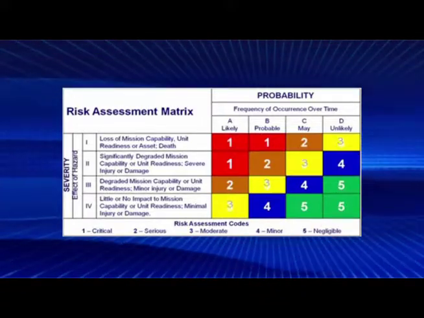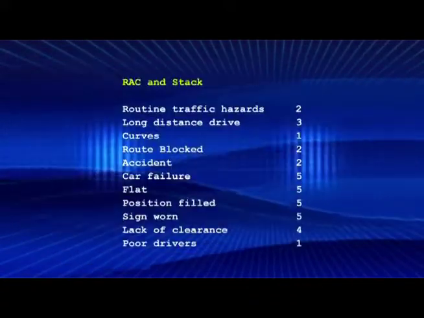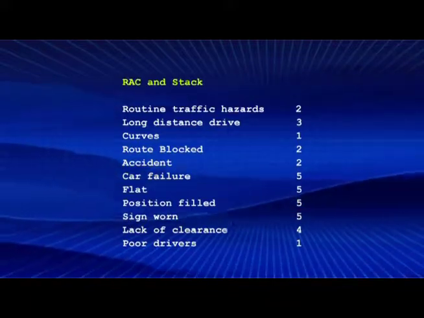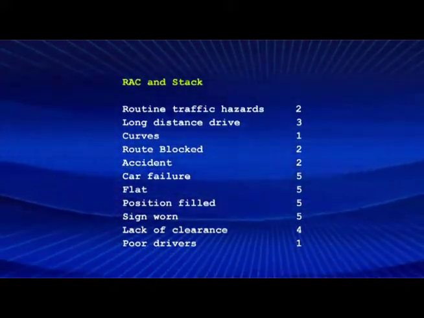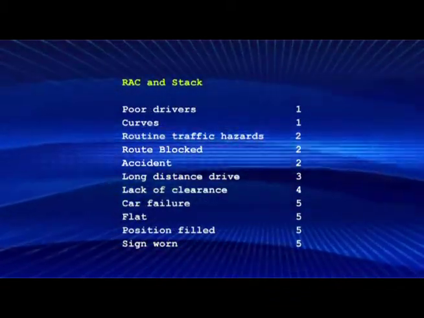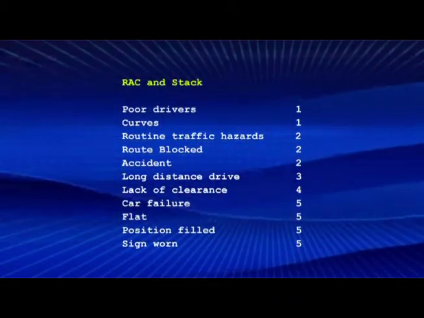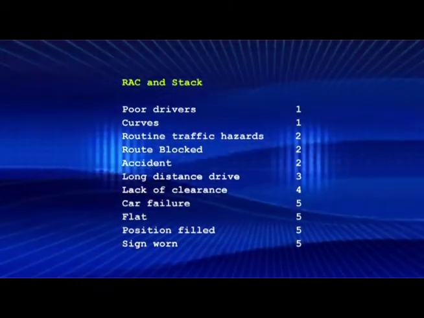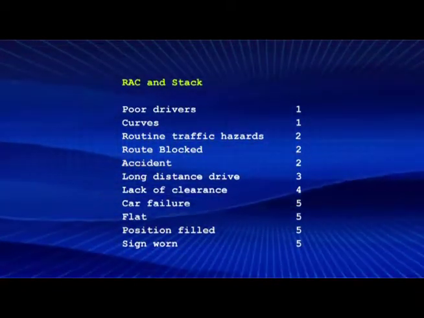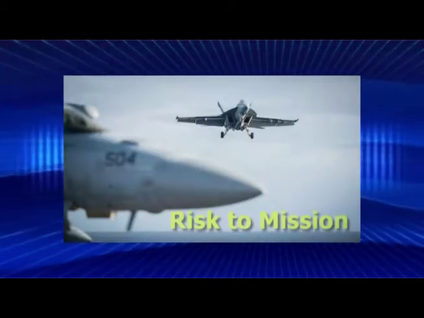The next thing we do is something we call rack and stack. The reason we do that is we list all the hazards in order from 1, 2, 3, 4, and 5 to identify the closest alligator to the pit. Let's put it that way. We have to address the number ones that are a major impact to the mission accomplishment, for risk to mission and risk to force.